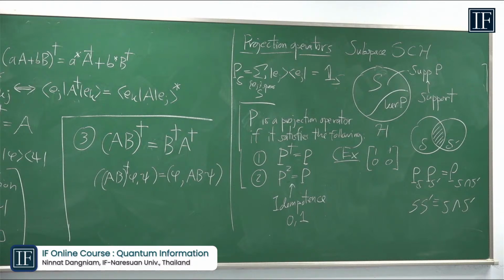So what other operators can be diagonalized? We just talked about Hermitian. Are there any other classes of operators that you know?